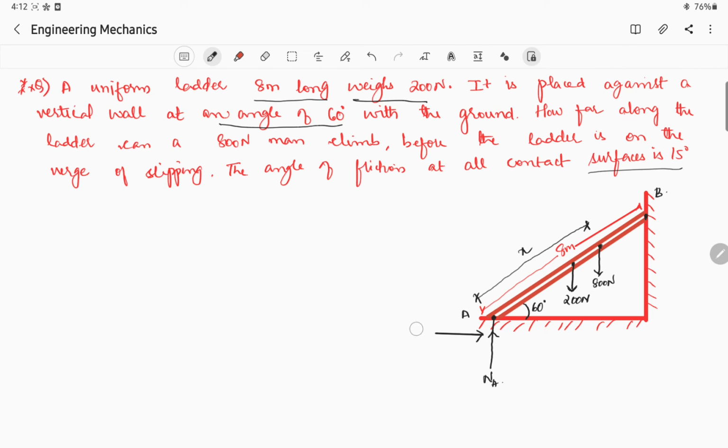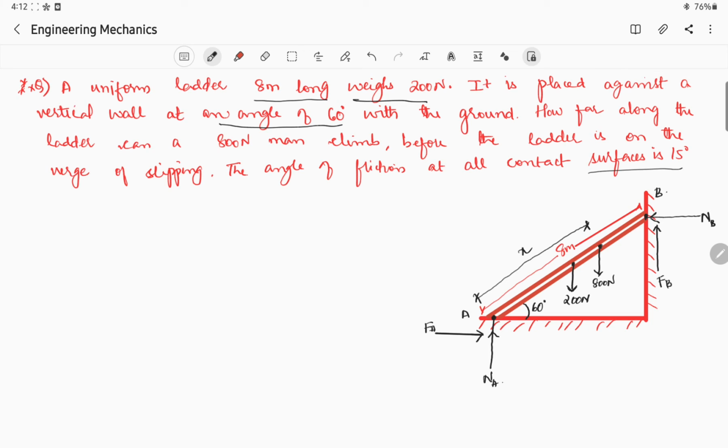This is FA. Here also we have a normal reaction, NB. The movement of the ladder is in the downward direction, so the frictional force will act in the upward direction. This is FB.